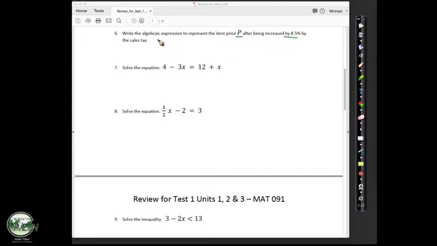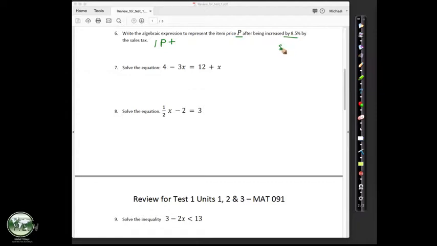When you pay for something, you're paying the full price, so that's 1P, or P, plus the sales tax. The way we get the sales tax is we take 8.5% times the price. And 8.5%, we write that as a decimal. How do we write that as a decimal? 0.085.